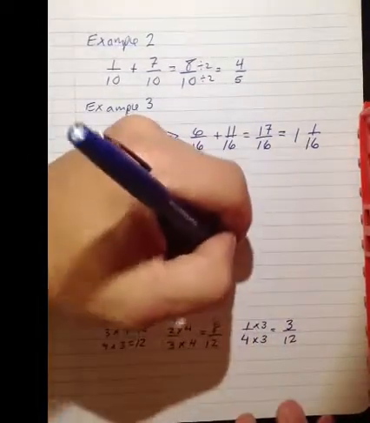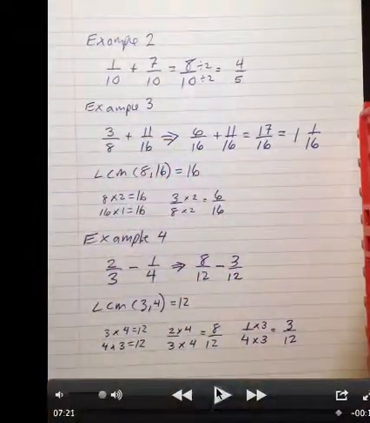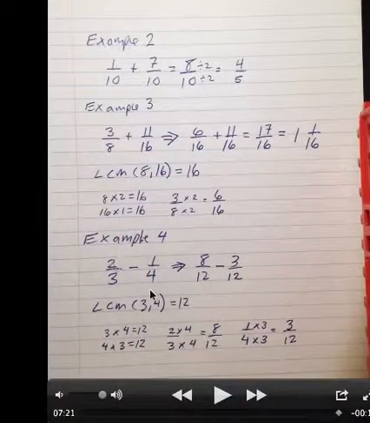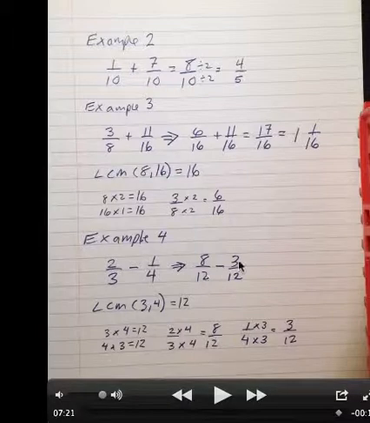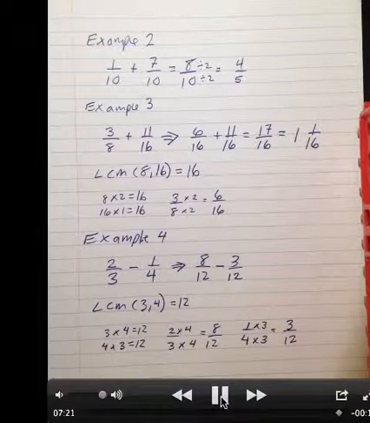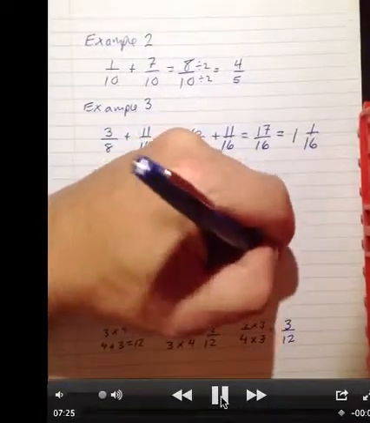So 1/4 is equal to 3/12. These are equivalent problems. They'll have the same exact answer. 2/3 minus 1/4 is the same as 8/12 minus 3/12. So the answer is 5/12.